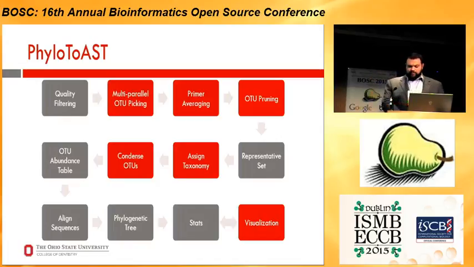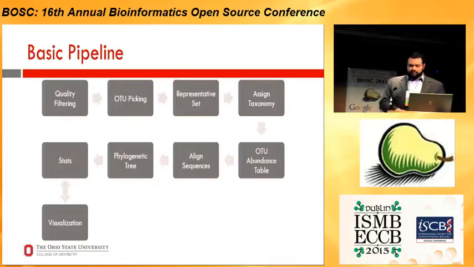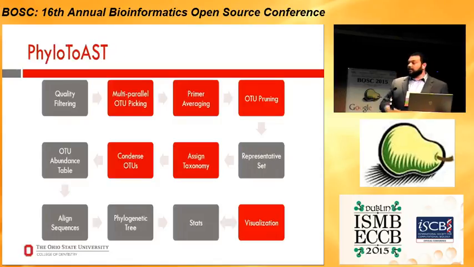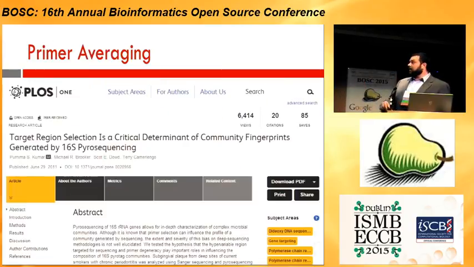So what I showed you here was the basic pipeline for QIIME. These are the steps that we added or modified to that main pipeline, and I'll just quickly run through some of these.